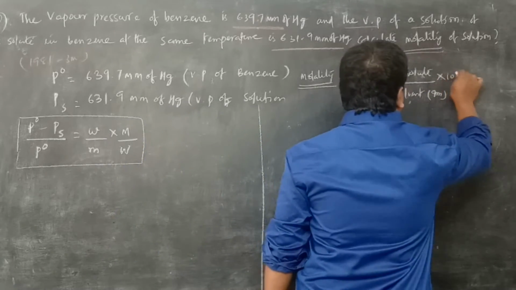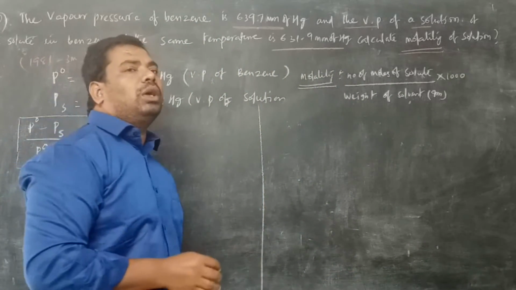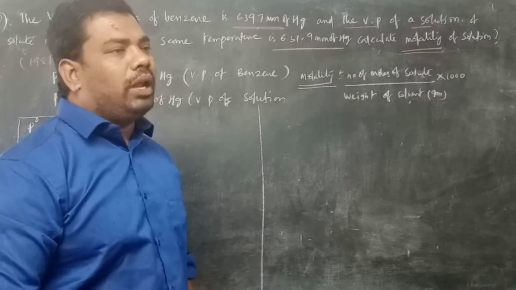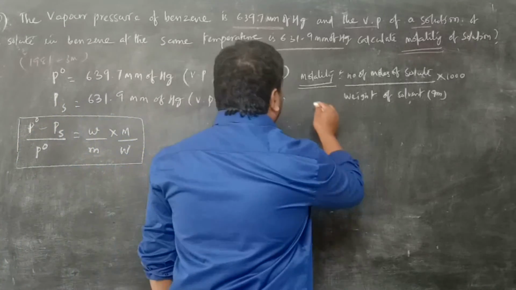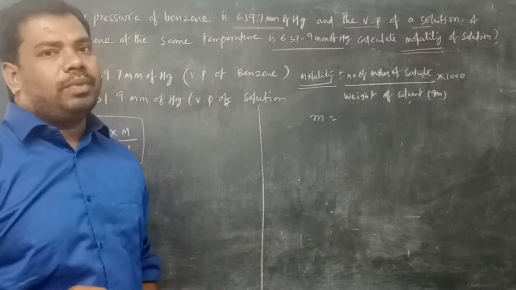It means the number of moles of solute particles present in 1000 grams or 1 kilogram of the solvent. We generally represent molality by small m.